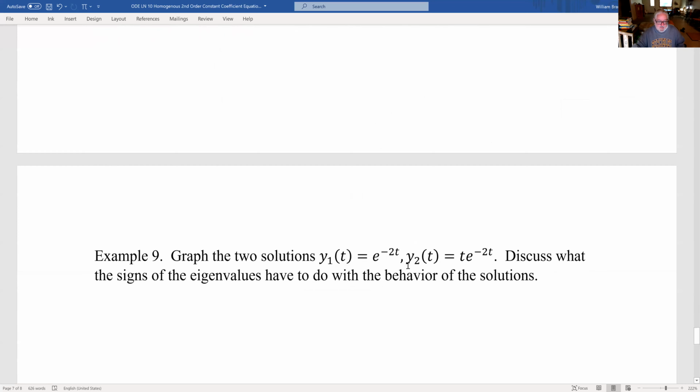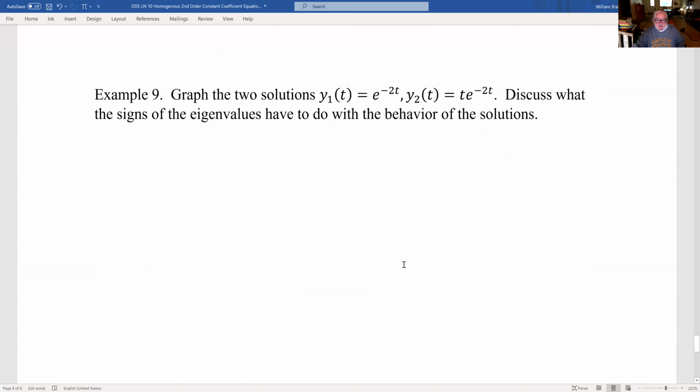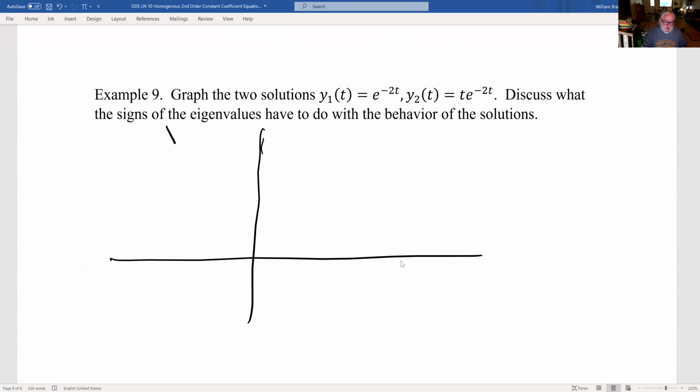And now we can do the same thing that we did before. What do these things actually look like? If we graph this, e to the minus 2t looks like that. We've seen exponentials. T e to the minus 2t, keep in mind that if t is negative, this whole thing is negative. And if t is positive, the whole thing is positive, because this is a negative, this is positive.